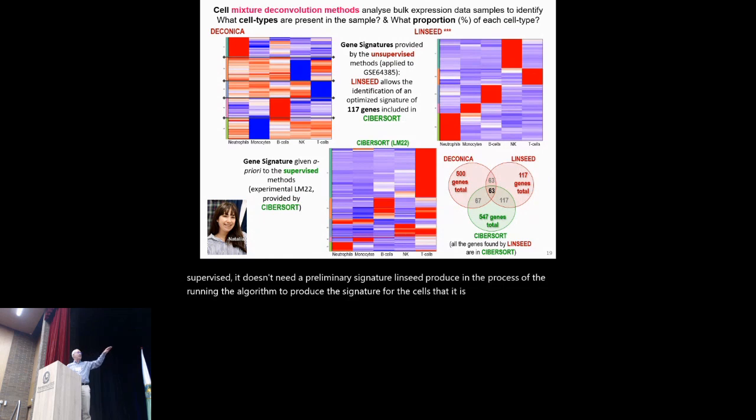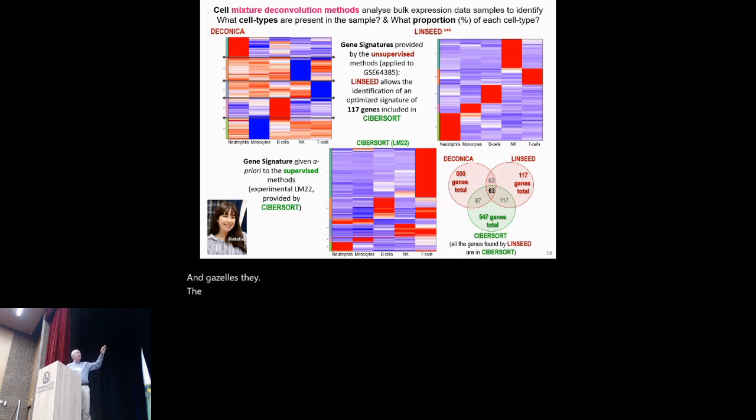For this identification of neutrophils, monocytes, B cells, T cells, and NK cells, Linset produces a gene signature of 170 genes that performs better, or mostly similar, but in this case better, as you can see, than CyberSort.